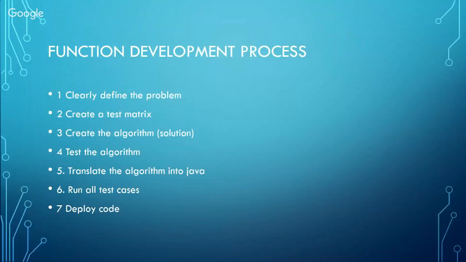So I'm going to start with the function development process. The first two steps of this process are to clearly define the problem and then to create a test matrix.